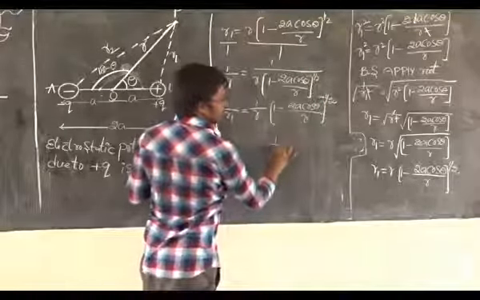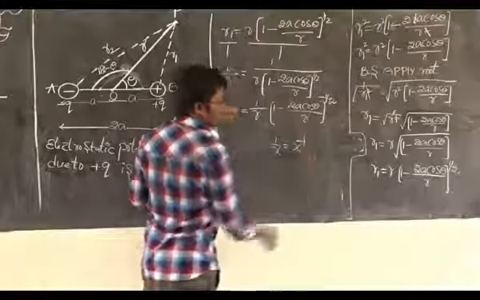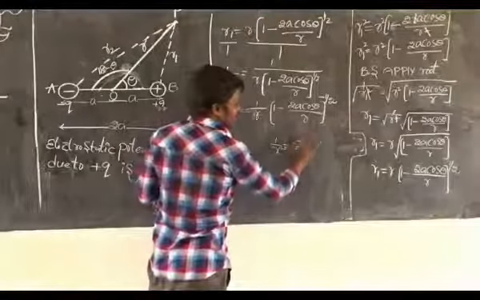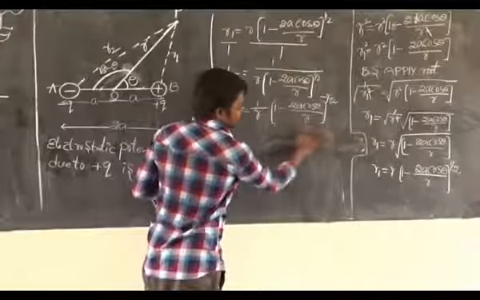What is 1 by x? We write in numerator means minus 1. Otherwise 1 by x square means whole power minus 2.